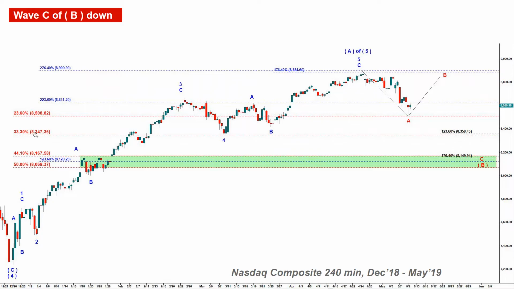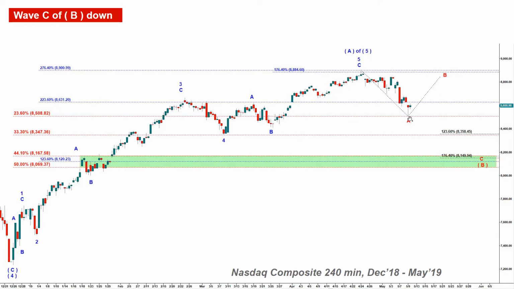And 33% actually makes a lot of sense, because the main target for any corrective wave after completion of 5 waves up is the low of the preceding wave 4 of a lower degree, which is here, which is almost located at that level.